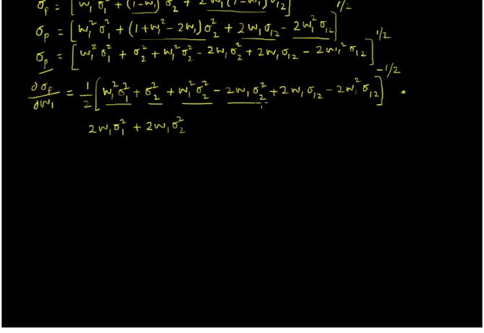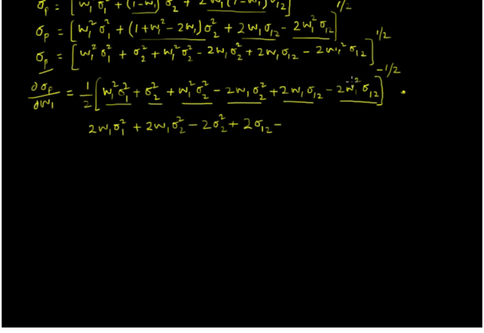What do we get from this term? We get 2 variance of 2 plus, what do we get from here? 2 times covariance between 1 and 2. And then let's look at the last term here.